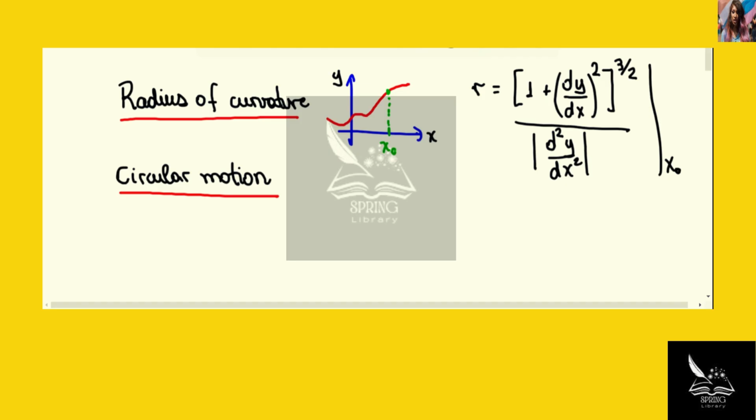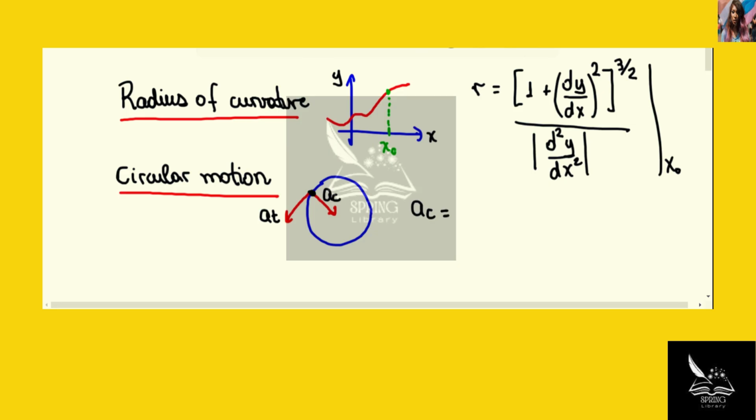Now, regarding circular motion, we need to know that if we have a particle that's undergoing circular motion with a radius of r, then the acceleration of this particle can be decomposed into two components. One of them is the centripetal component that points towards the center, and the other one is a tangential component that is tangential to the trajectory.